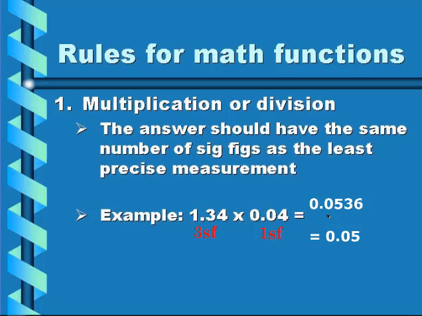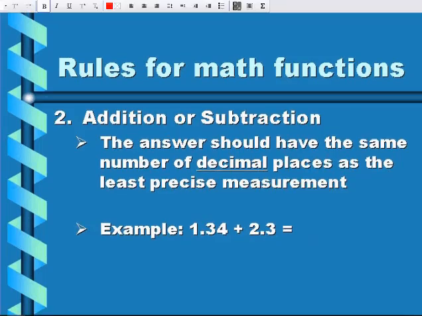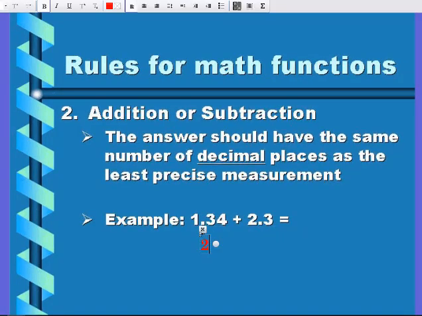You're only going to round to the proper number of sig figs at the end of the problem or at the end of a section if you're switching between rules. If you're adding or subtracting, you look at decimal places. So for instance, 1.34 plus 2.3. This number has 2 numbers after the decimal place.